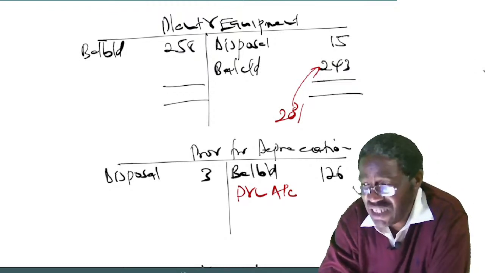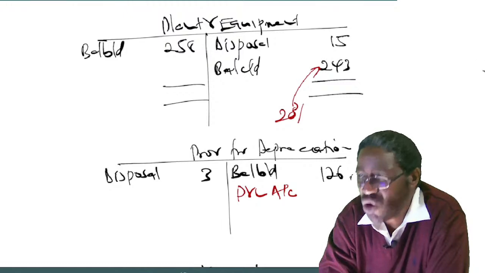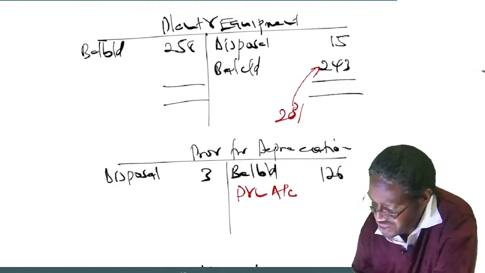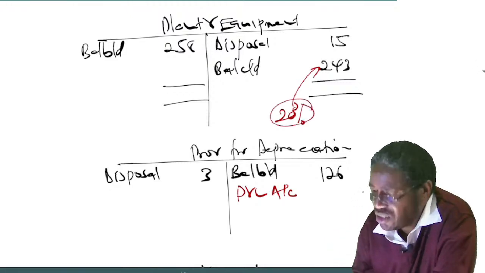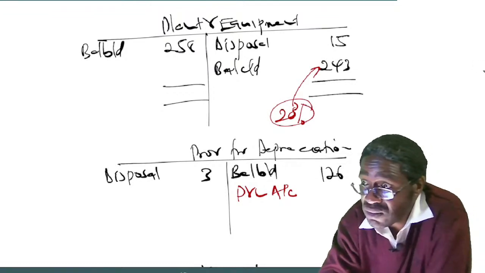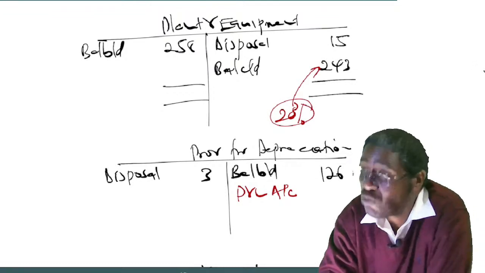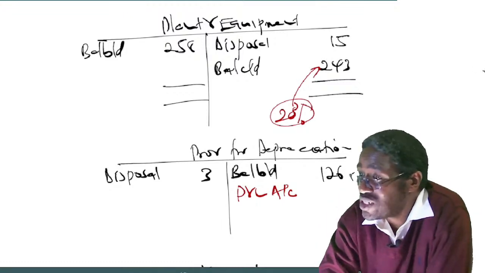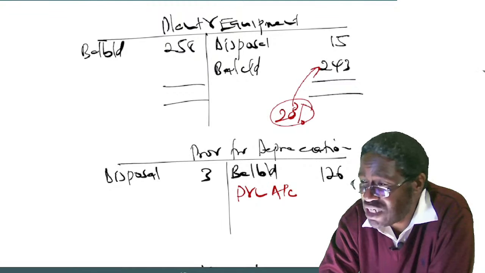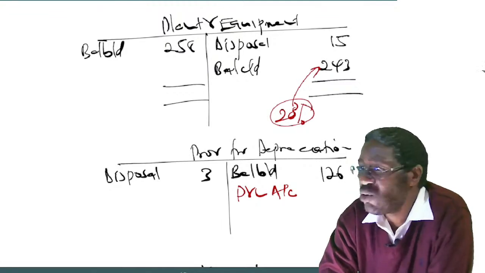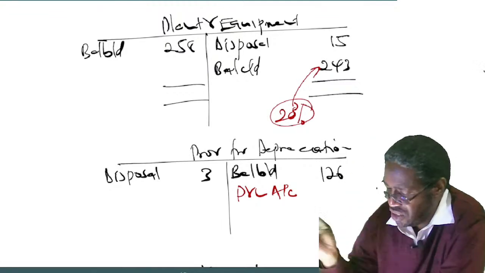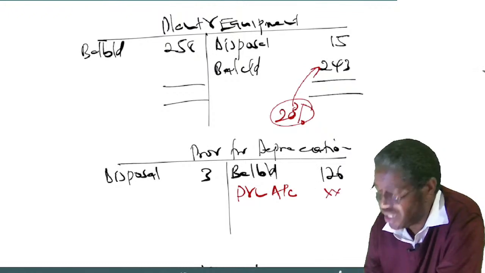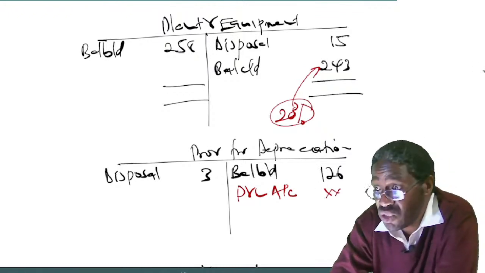If they had said 20% on cost, I would have just taken 20% of that 243, because 243 is the cost. So if they had said 20% per annum straight line or 20% per annum on cost, I would have just taken 20%, and whatever I would have got, I would charge it here in the account called provision.